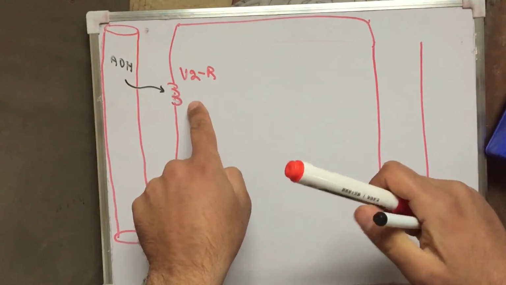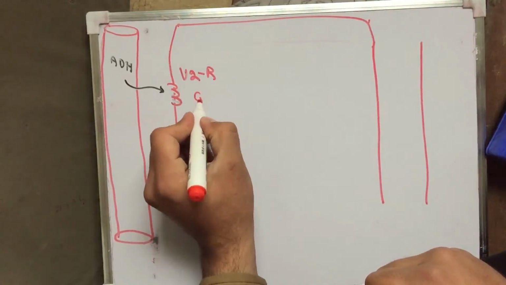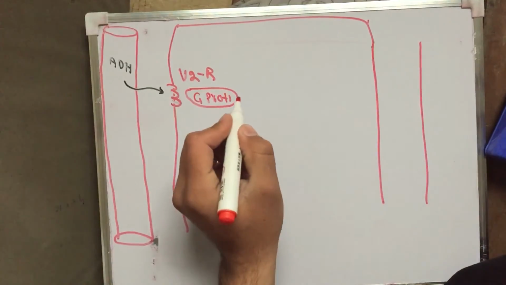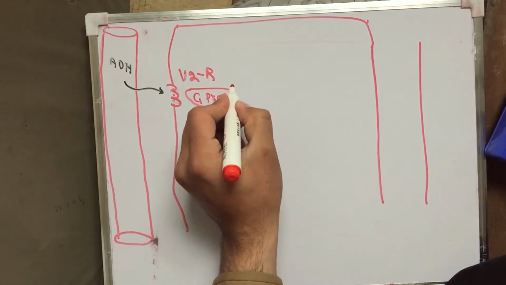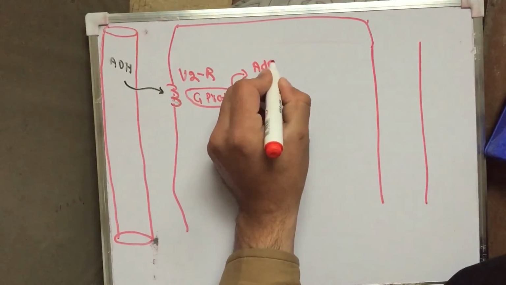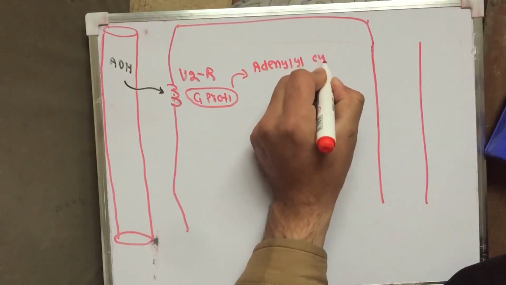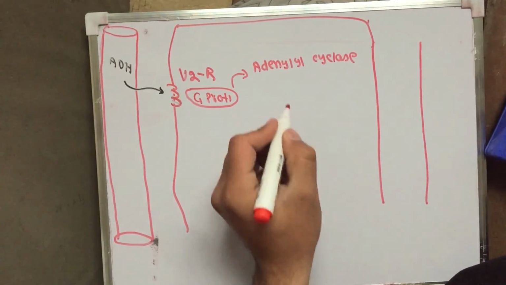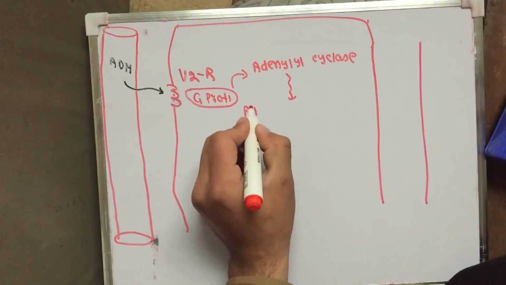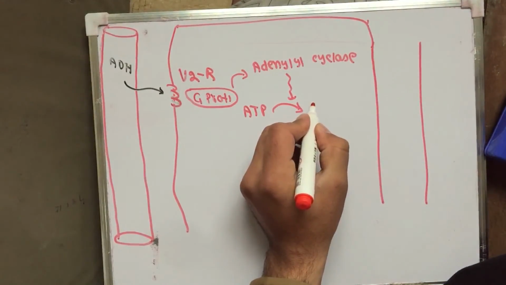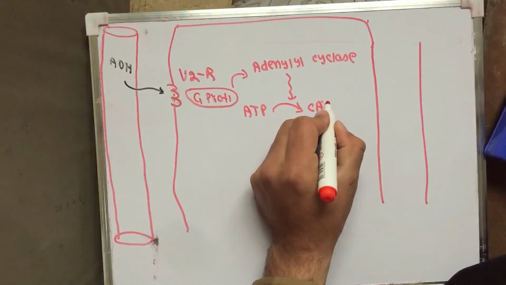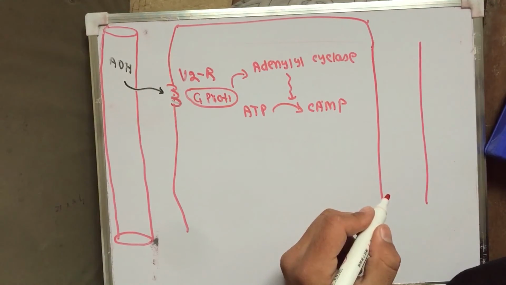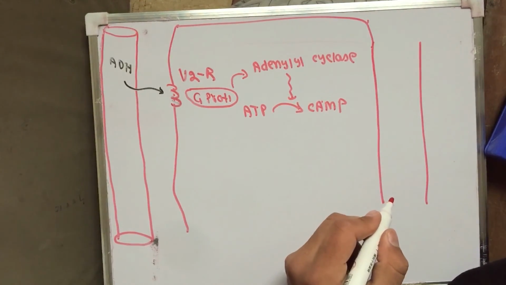These receptors will activate G stimulatory proteins. When G proteins are activated, they will activate adenylyl cyclase. Adenylyl cyclase will convert ATP into cyclic AMP. Cyclic AMP will cause the phosphorylation of protein kinase A.